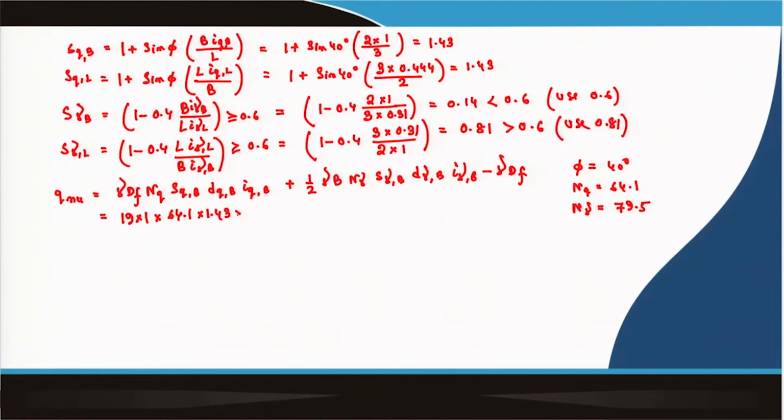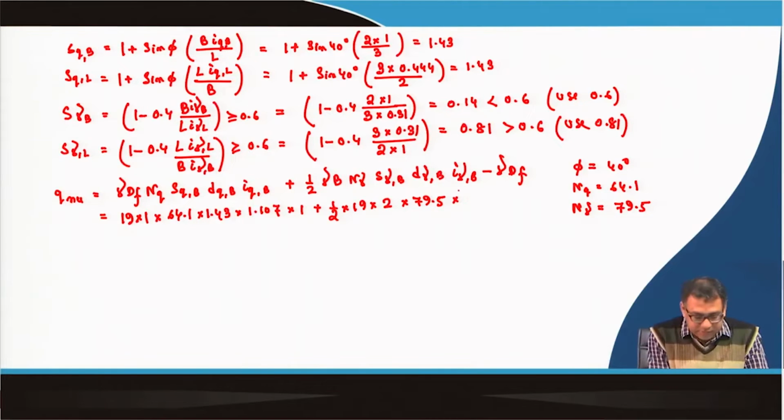So this is 1.107, then I_qB is equal to 1, then plus half into 19 into B is 2 meters into 79.5, then S gamma B is 0.6, sorry, S gamma B is equal to 0.6.